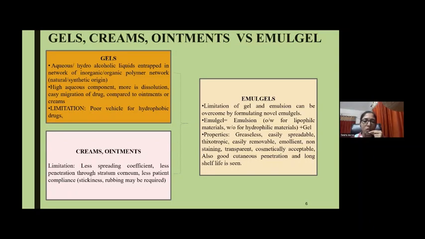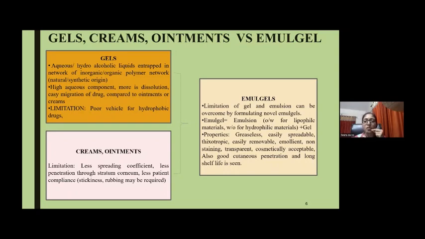In creams and ointments, the limitations are less spreading coefficient, less penetration through the stratum corneum, and less patient compliance. If we use the combination of gels with creams and ointments, the limitations are avoided. We already know that emulsions are oil in water or water in oil type, and when they are mixed with a gel, they lead to the formation of the emulgel.